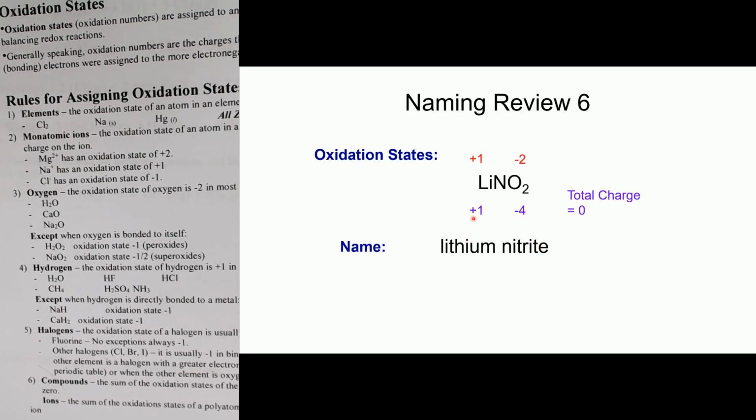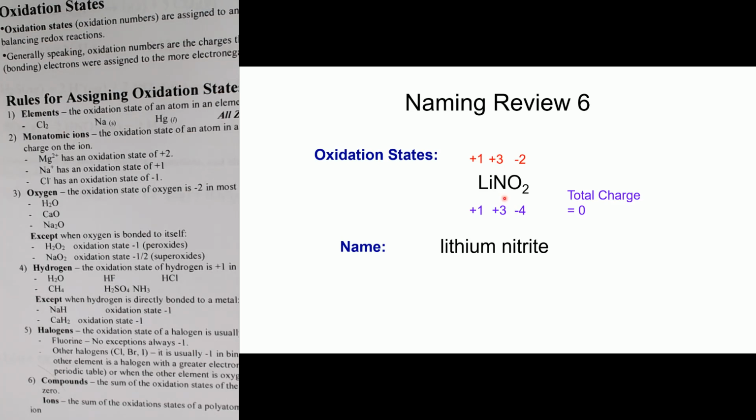So +1, -4, and some number gives us 0. Well, clearly that some number has to be +3. So we'll have a +3 oxidation state for nitrogen in lithium nitrite. Now, one thing that I want to point out is 2 slides ago when we did nitrite by itself, the oxidation state was +3.